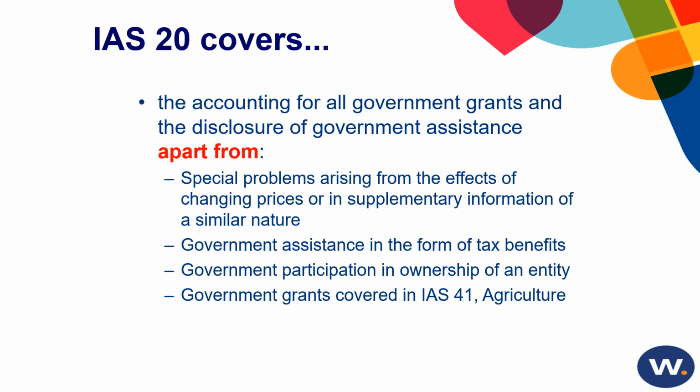For those assets which are in IAS 41 but are measured in accordance with the cost less accumulated depreciation and accumulated amortization method, these will remain within the scope of IAS 20.